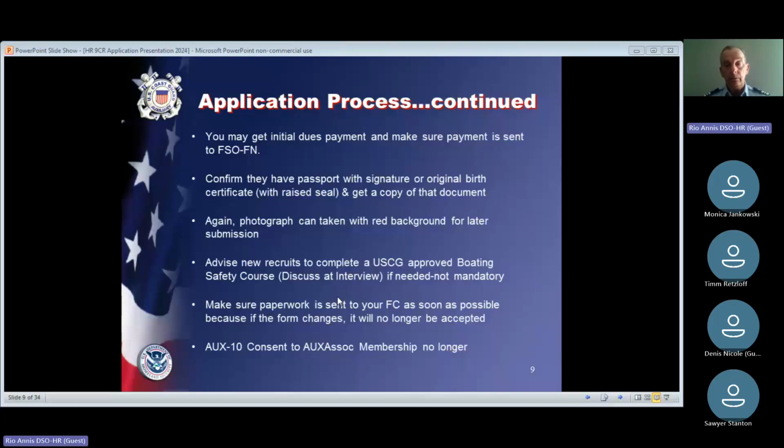So I had him re-sign his application with current dating, because stale dating can also be an issue. The AUX 10 consent to auxiliary association membership is no longer needed, as fingerprints are no longer needed. So that part of the process has made it easier.